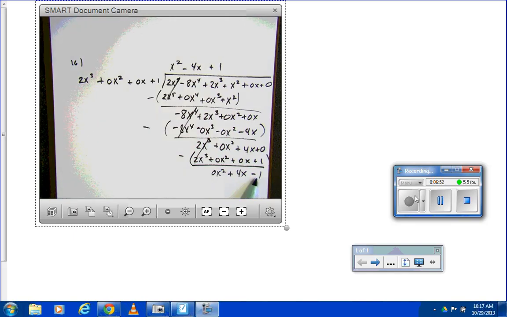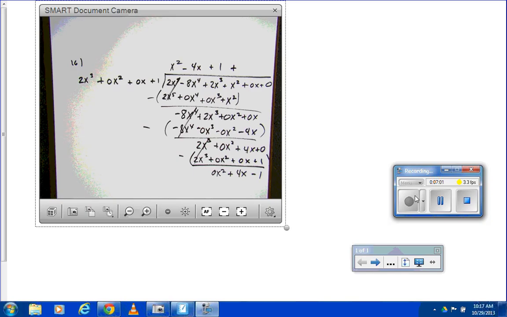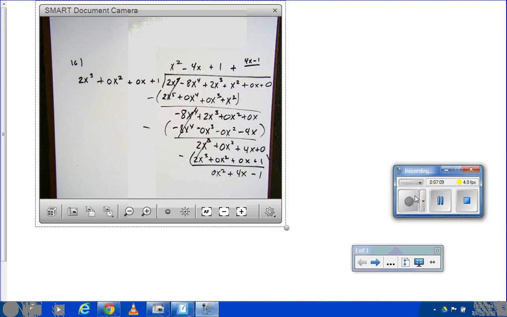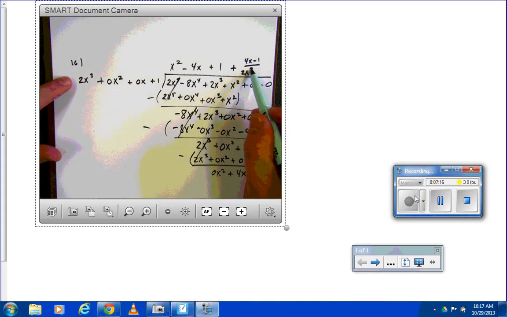Because there's nothing else to bring down and divide anymore. So let's put in our remainder. We're going to say plus, because it's a positive. And now what would I say here? Yeah, 4x minus 1. And then when I write the divisor, you don't have to put all the zeros in the remainder part. So what were you going to say? 2x cubed plus 1.